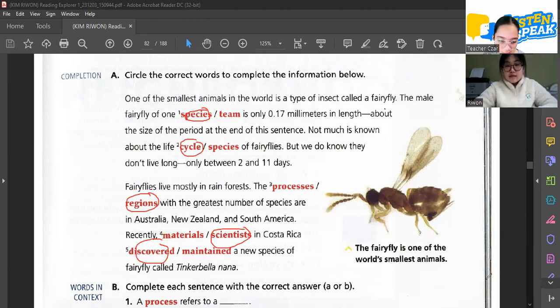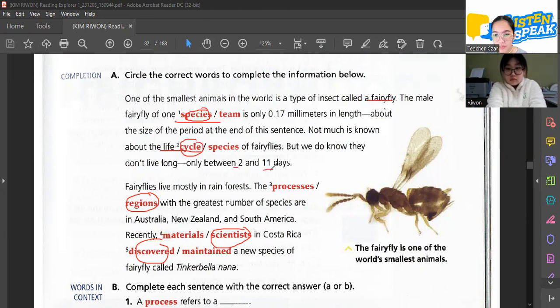Tinkerbella nana. Okay, good. So now, when you said the word species, it is the group of living things or organisms like the fairy fly. We also talk about the life cycle of those fairy flies. The life cycle of a fairy fly is only between 2 and 11 days.